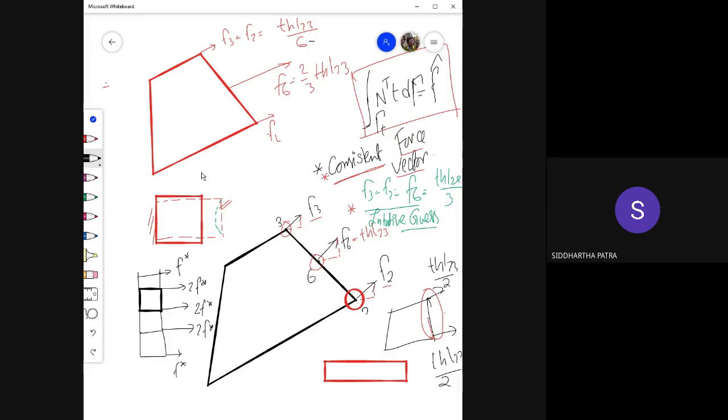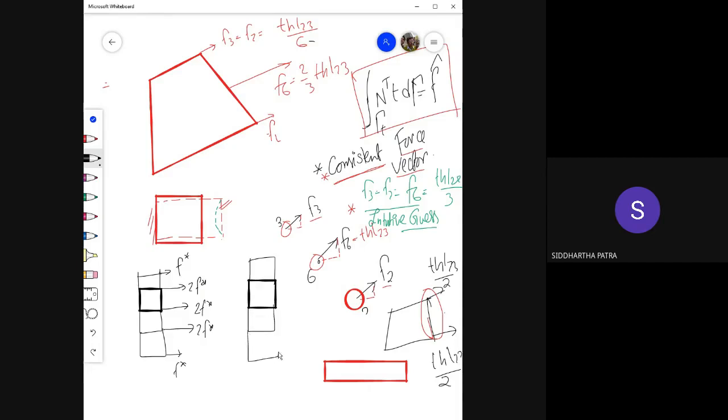When it is a 9 noded quad element or an 8 noded quad element, then in the same situation, let's say with four elements, you are going to get, let's say, over here is F star. Then in the middle, you will have 4F star.